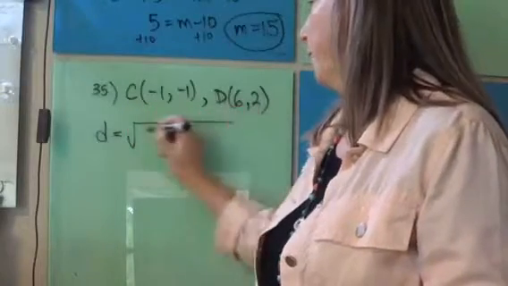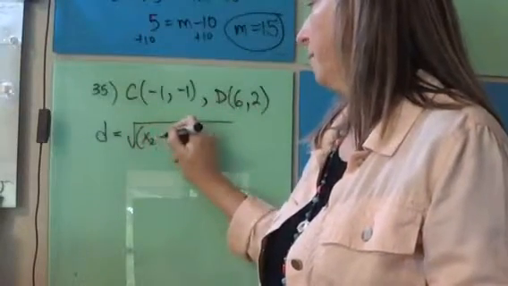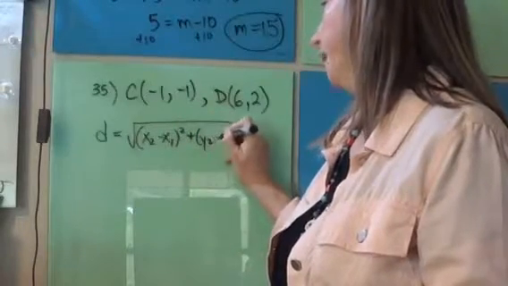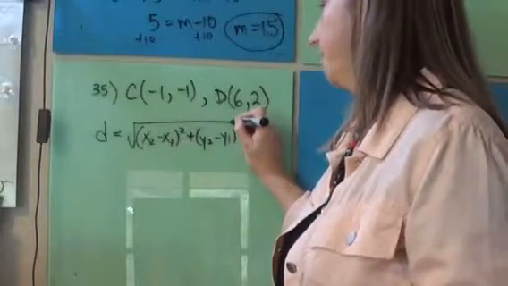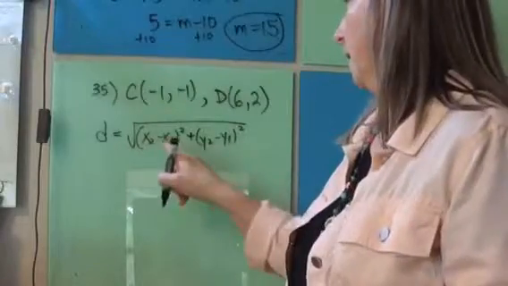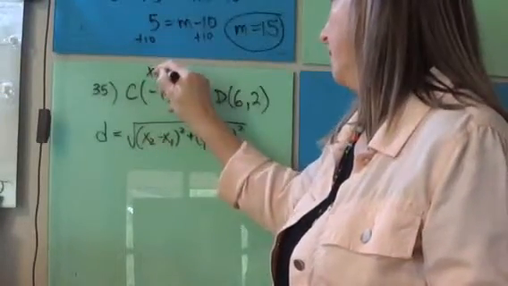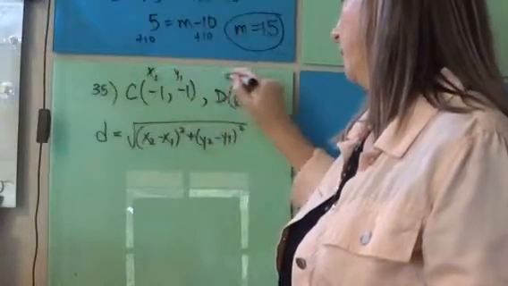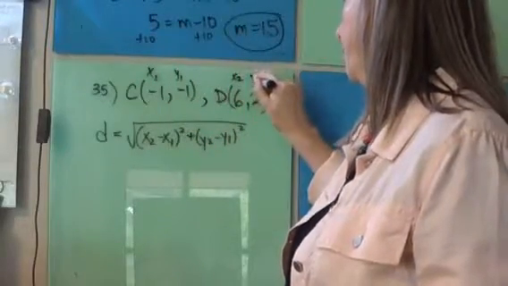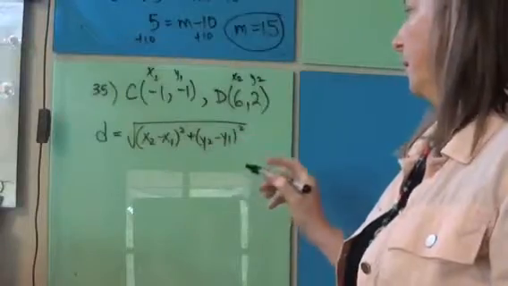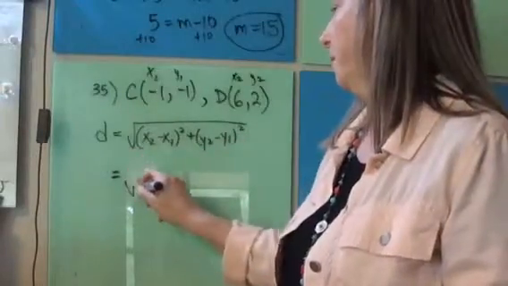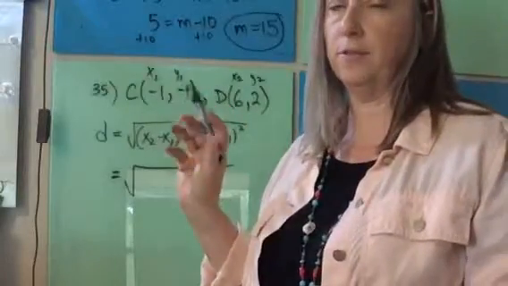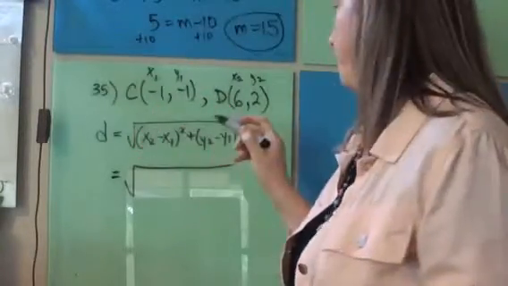That's the square root of x2 minus x1 squared plus y2 minus y1 squared. And I'm going to just think of these as x1, y1, and x2, y2, these 2 points that I was given. And so I'm using the x values first this time, not the y values like we do in slope.